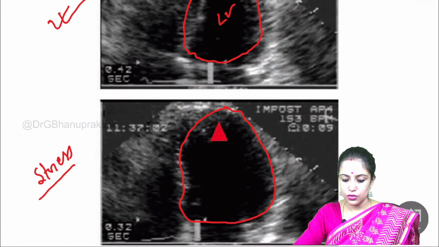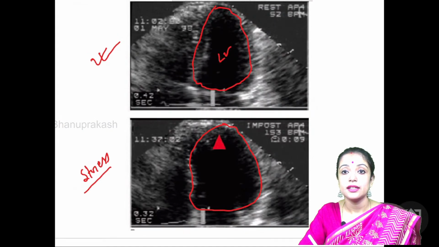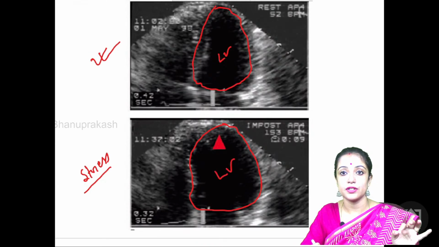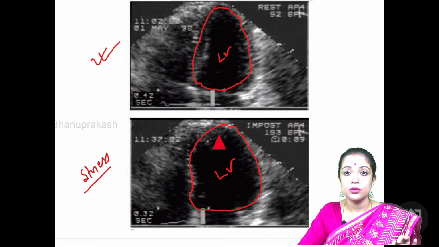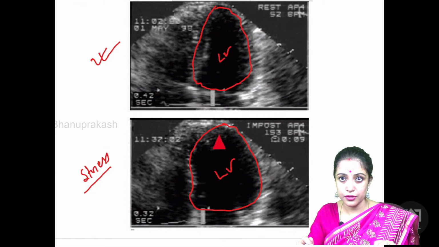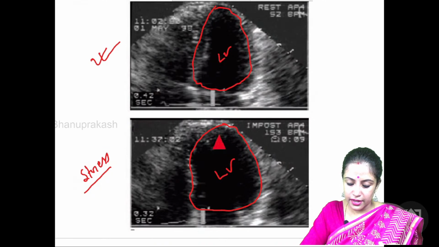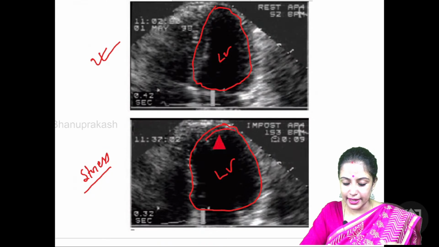Okay. If you compare these two images, you can see that the diameter of the LV has increased in the stress test. And as it is not a motion video, I cannot show it to you, but there was a finding of dyskinesia in the apical area.